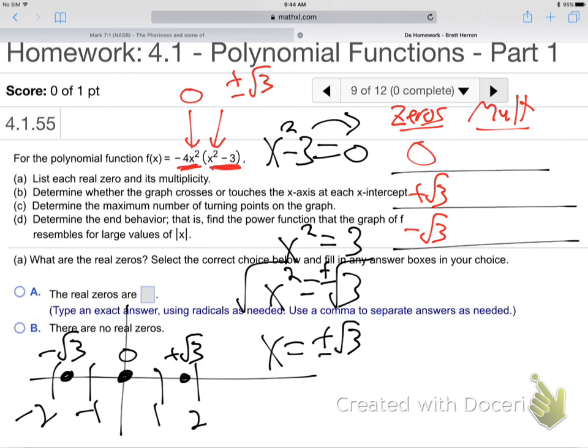Now, for each of those, can you write down the multiplicity? And let me let you take it from there. Find out if it crosses or bounces, and you got to get the end behavior so you know what it does at the end, and then you can trace it backwards from there.